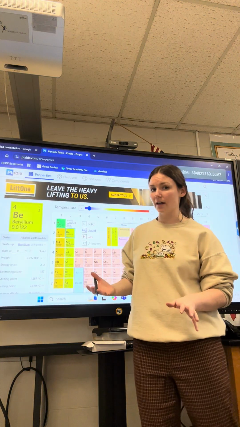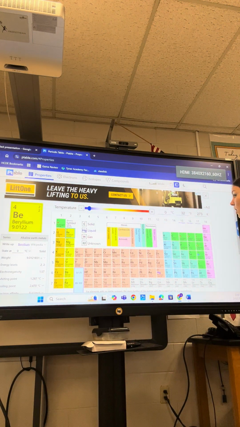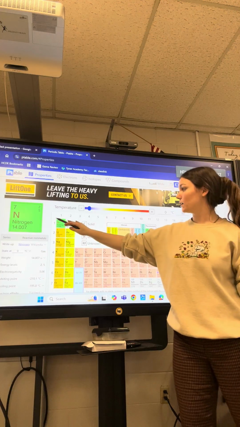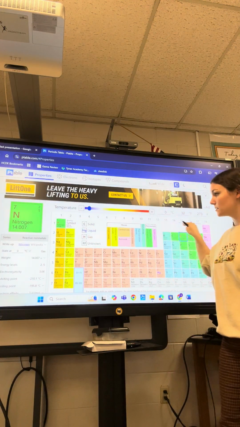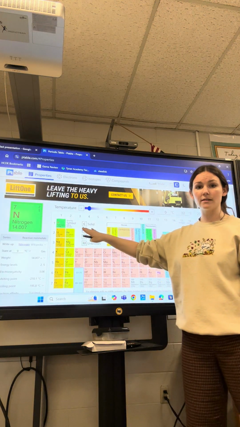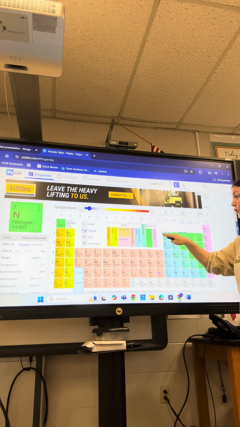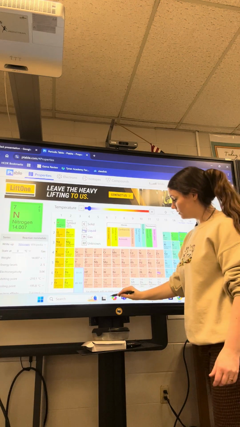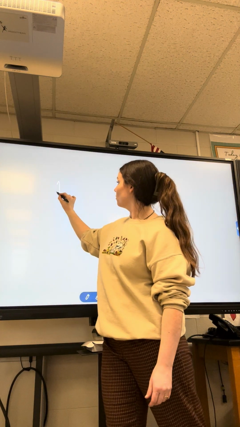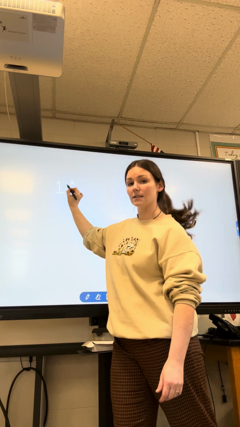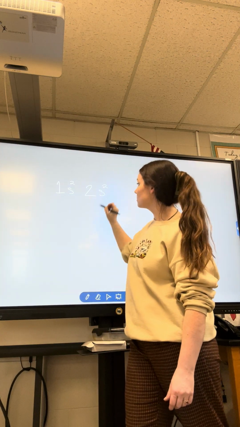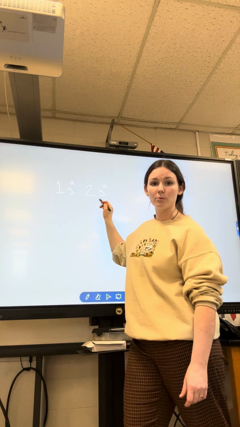But let's look at another element, maybe one that goes all the way into the P block. So let's take nitrogen. Nitrogen is all the way over here, so we're going to go through 1s2, 2s2, and then we're in 2p, 1, 2, 3. 1s2, this is hydrogen and helium. 2s2, this is lithium and beryllium.